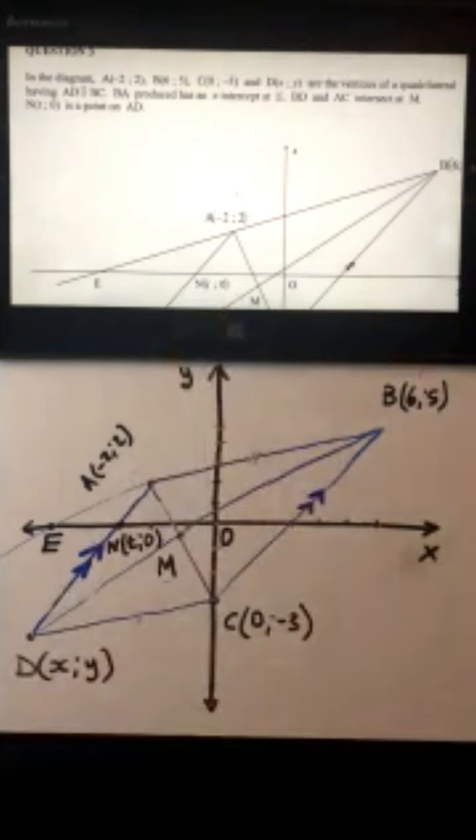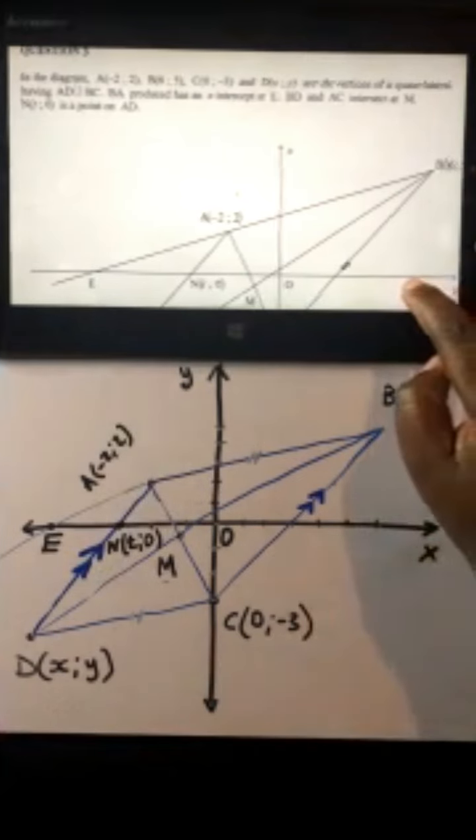You will see, ladies and gentlemen, when we tackle these questions, after you have drawn or redrawn the diagram, if you have familiarized yourself enough with the given diagram, you won't struggle that much when you have to tackle these questions.